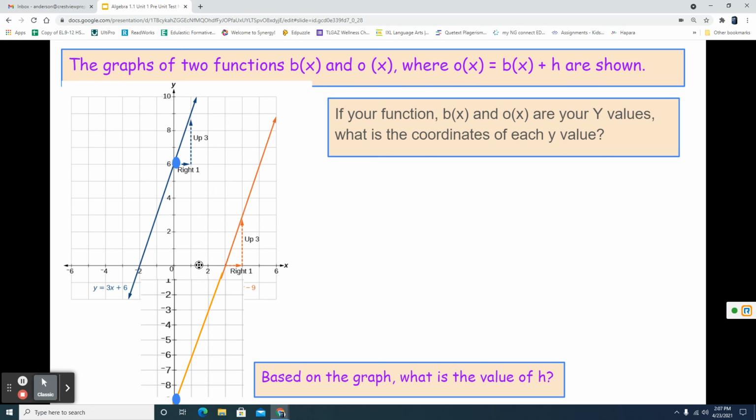There's a lot to unpack here. So if your functions b of x and o of x are your y values, what are the coordinates for each y value? What are the coordinates for b, blue? What are the coordinates for o, orange?